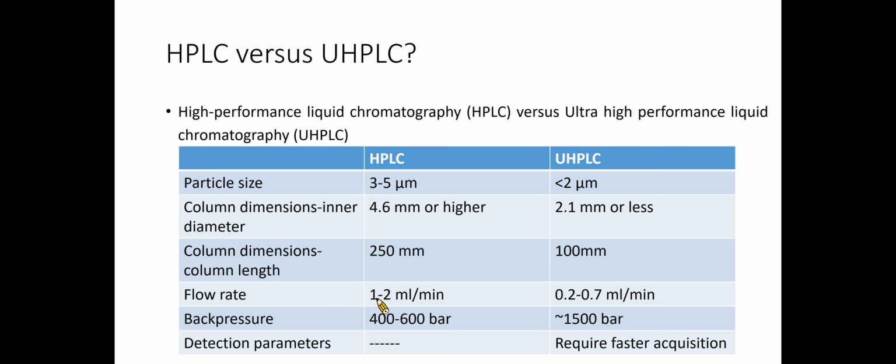UHPLC runs at much lower flow rates than HPLC. UHPLC usually uses smaller particles and reduced column diameters compared to HPLC, leading to higher back pressure. HPLC instruments typically operate at maximum pressures of 400 to 600 bar, while UHPLC instruments can operate at up to 1500 bar.